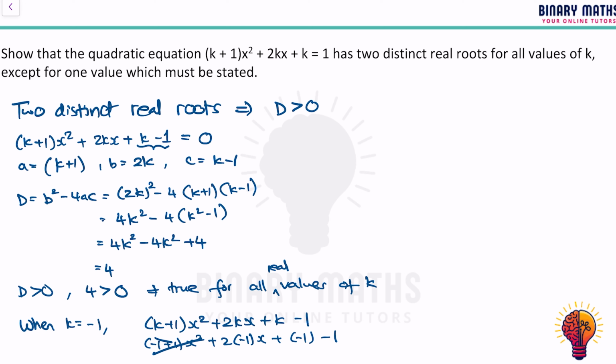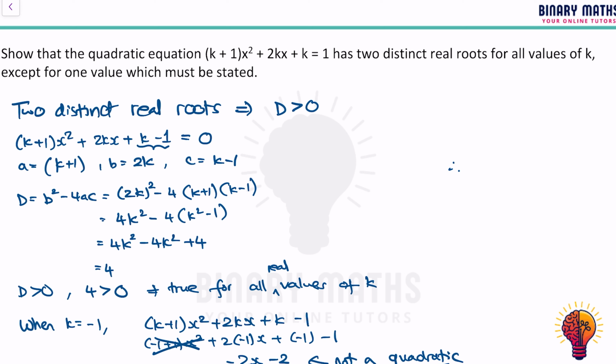Notice how this x squared disappears, which becomes minus 2x minus 2, which is not a quadratic. So our quadratic has reduced to a linear function. So that means it's true for all values of k except for k is equal to negative 1, because our quadratic reduces to a linear, which means you can't solve it.